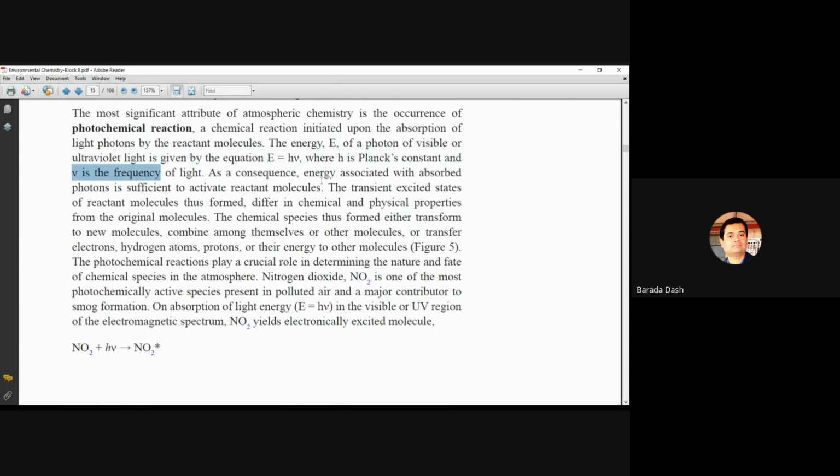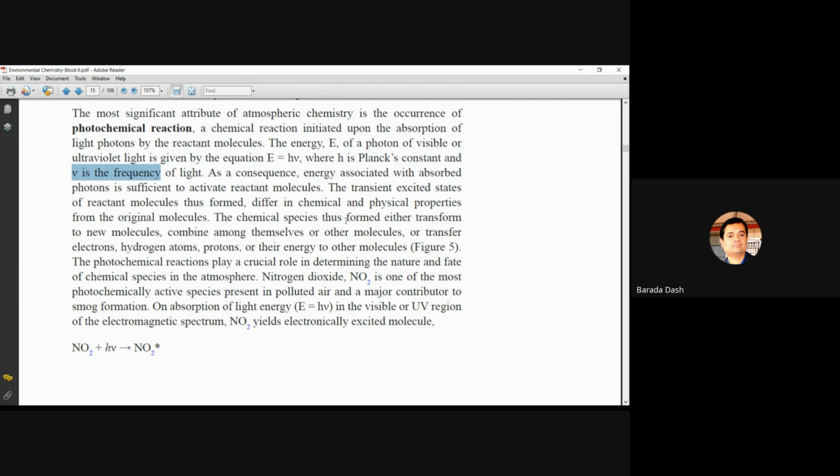As a consequence, the energy associated with absorbed photons is sufficient to activate reactant molecules. The transient excited states of the reactant molecules thus formed differ in chemical and physical properties from the original molecules.